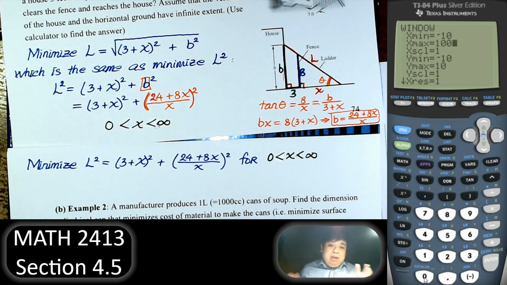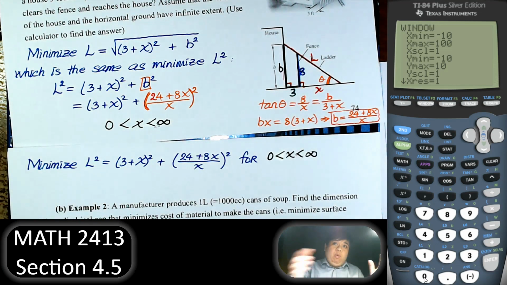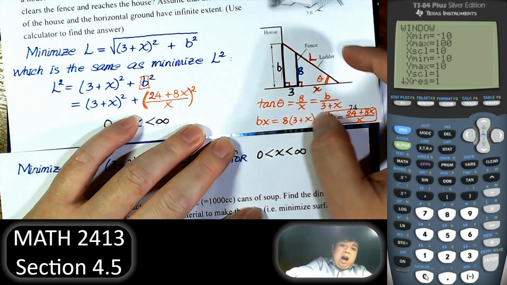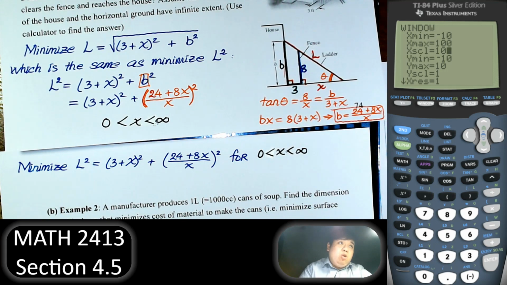If x is more than 100, the ladder is maybe way too long. So let's put some common sense into this. And so that is x. The length of the ladder, of course, we don't know, but it's going to be something positive.